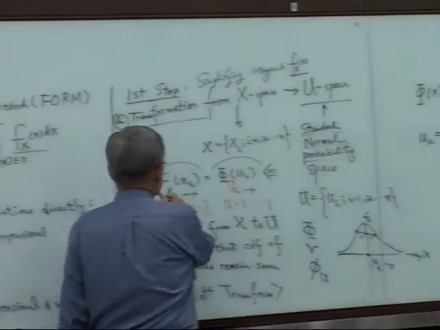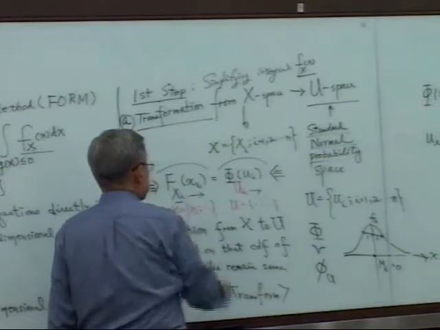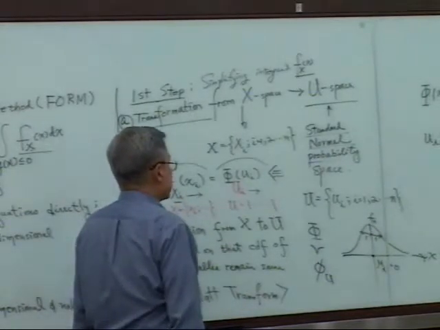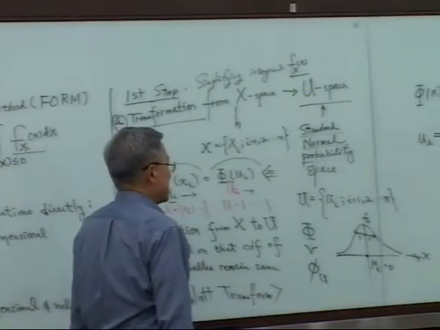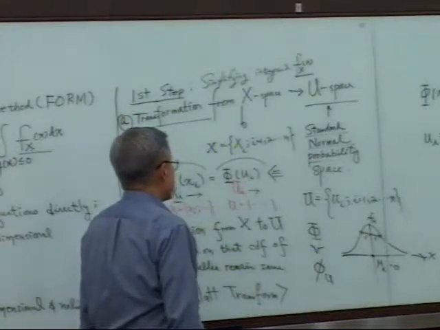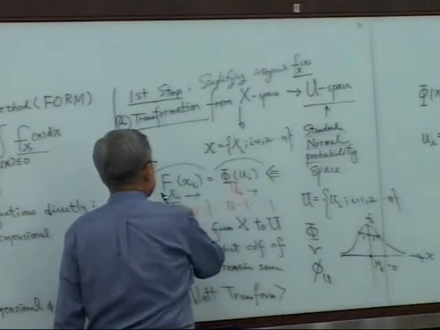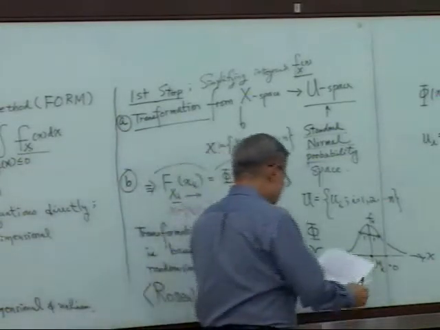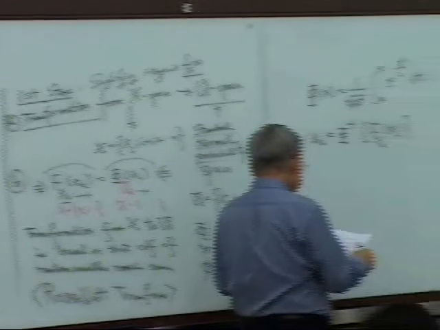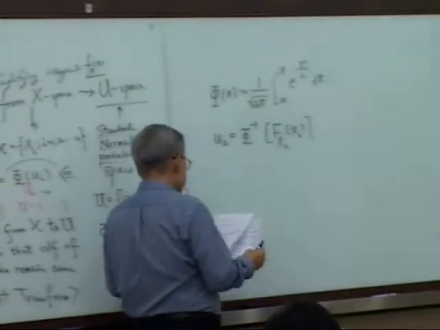This is from here, right? So the inverse is notation-wise, but this will get clear. This phi of ui is the inverse of Fxi.